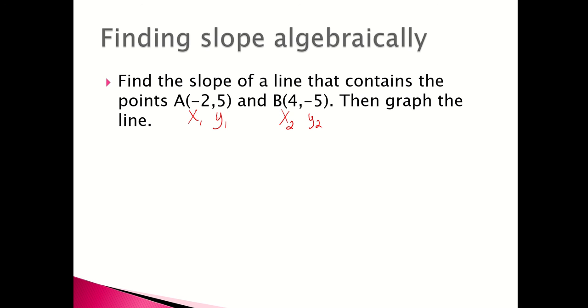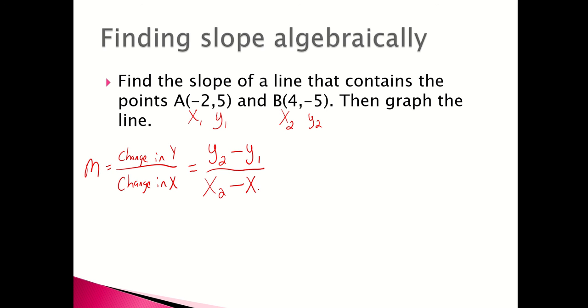And then we can use our formula, the change in y, right? So m is equal to the change in y over the change in x. To find the change in y, we're going to say y2 minus y1, over the change in x, x2 minus x1.